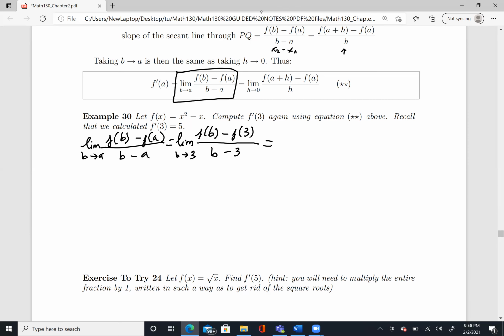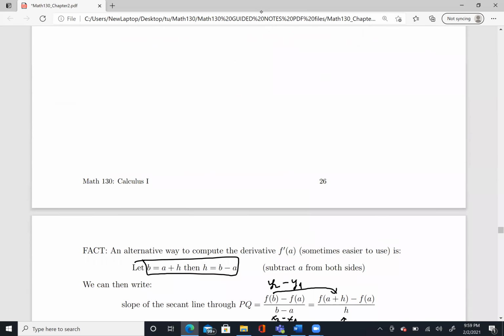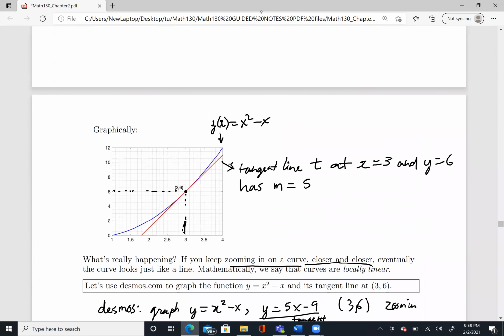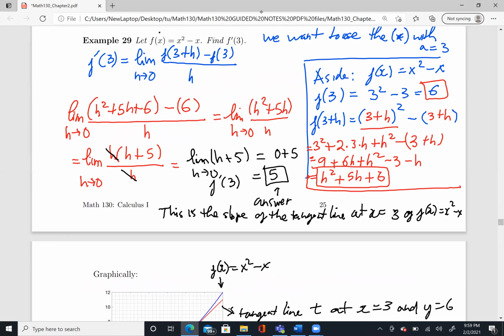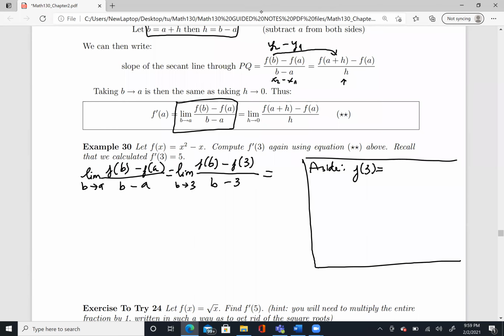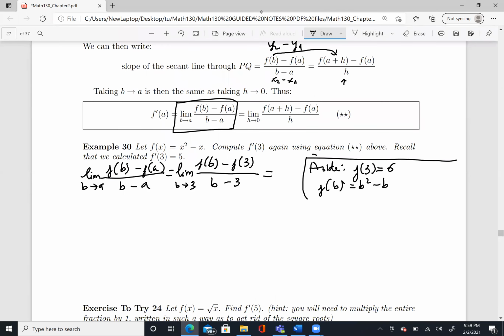And then I can have a side work over here. From above, I know that f(3) equals, let me make sure, 6. So f(3) equals 6. And then f(b) will be equal to b squared minus b, right? So I can just substitute it.